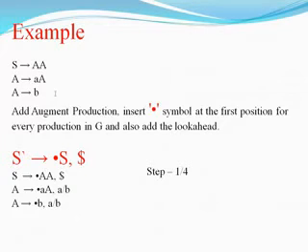We have to know the meaning of non-terminals and terminals. Characters represented with capital letters are called non-terminals, and characters represented in small letters are terminals. The left-hand side of the grammar is always non-terminals only, like capital S, capital A. The right-hand side of the grammar is a combination of non-terminals and terminals.